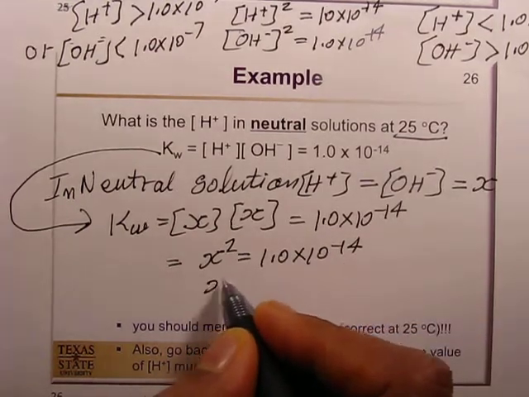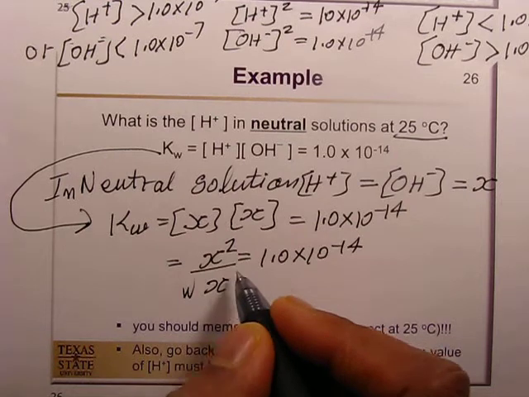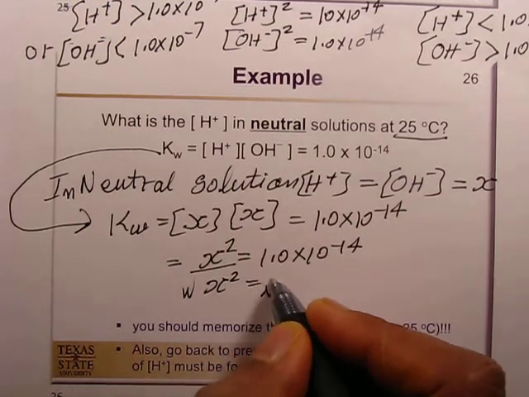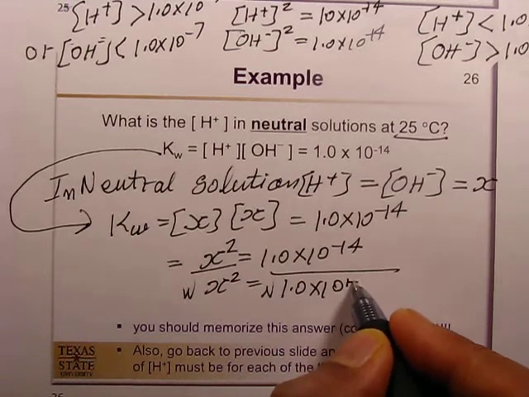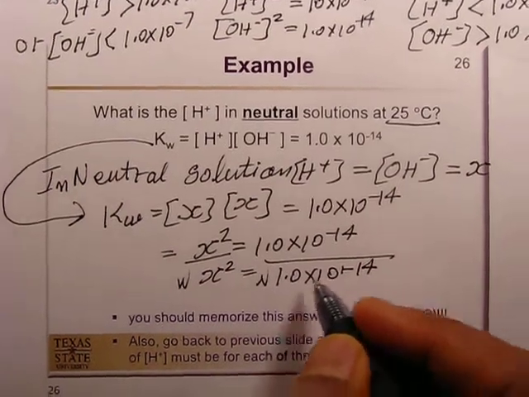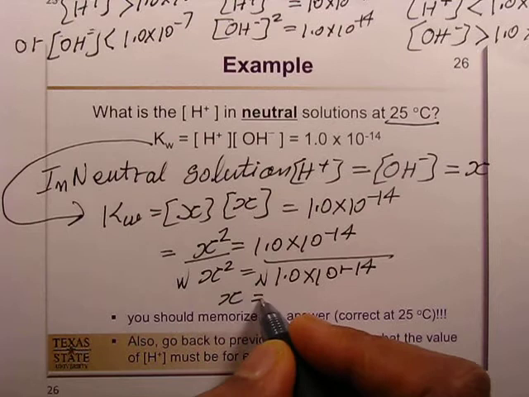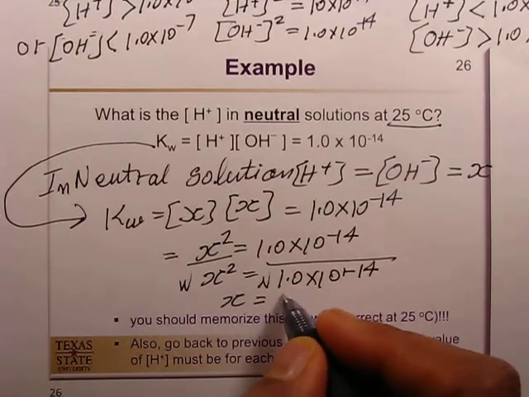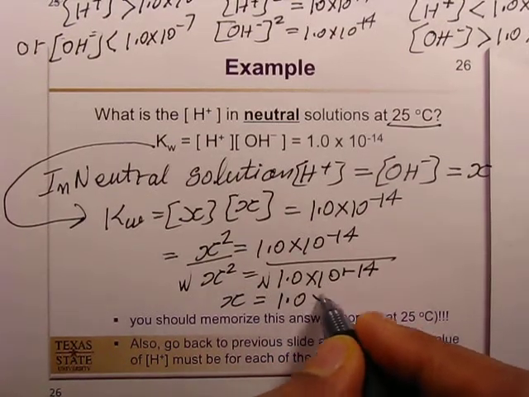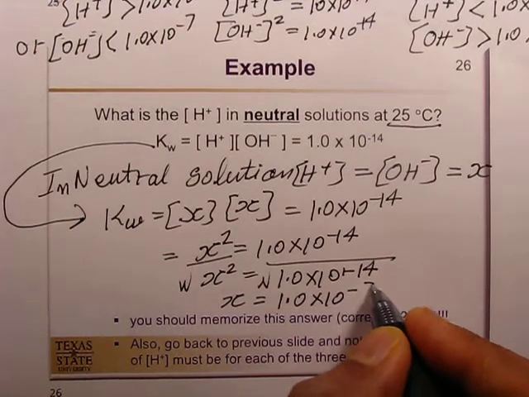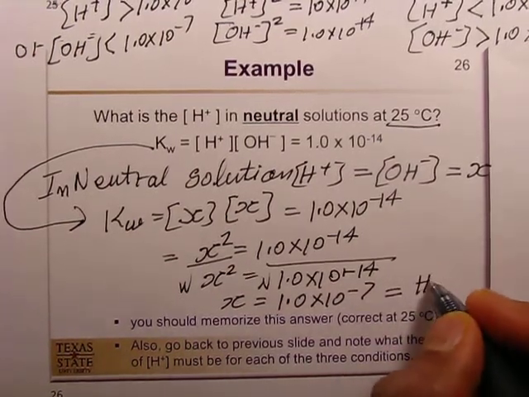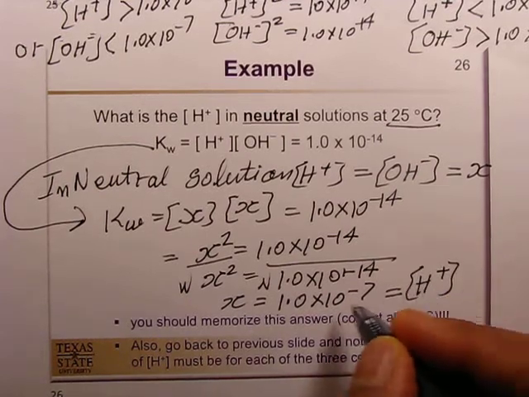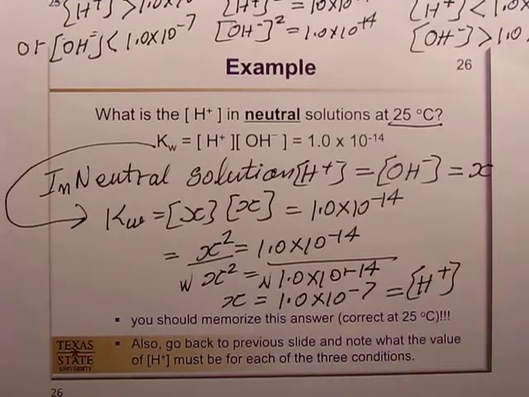So X will become what? We can take under root on both sides, under root of 1.0 times 10 raised power minus 14, and the X value will come here. Once we take under root, it is 1.0 times 10 raised power minus 7. So hydrogen ion concentration will be equal to 1.0 times 10 raised power minus 7.